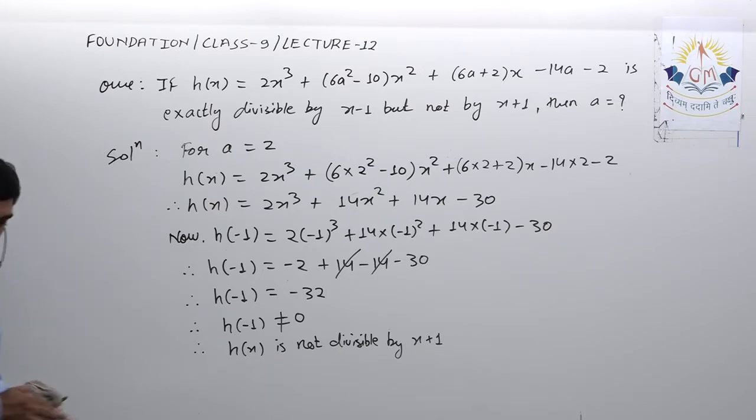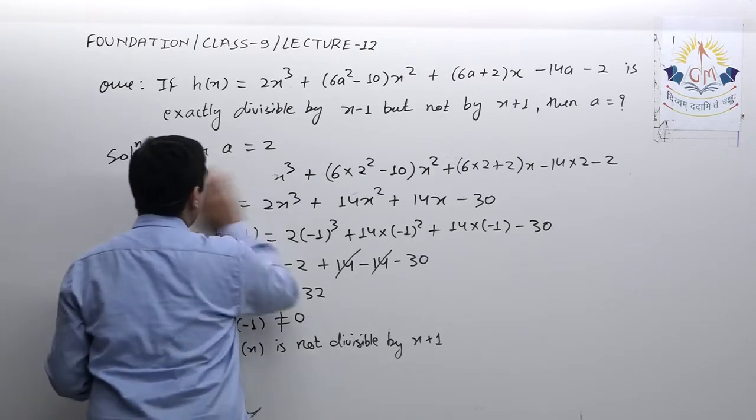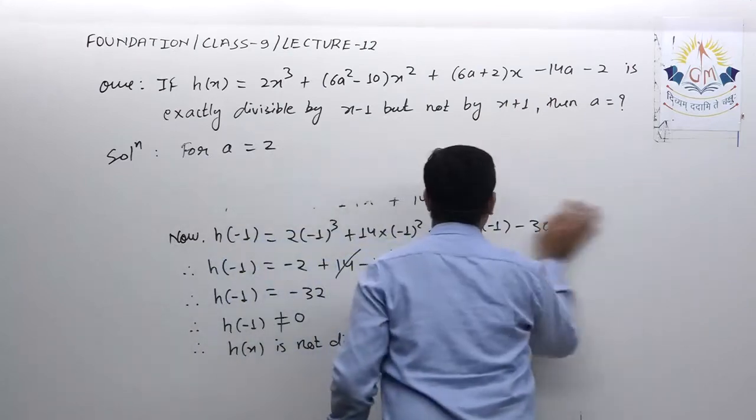Okay, so now the second value of a is minus 2 by 3. Now we'll find the value of the polynomial at x equal to minus 2 by 3.